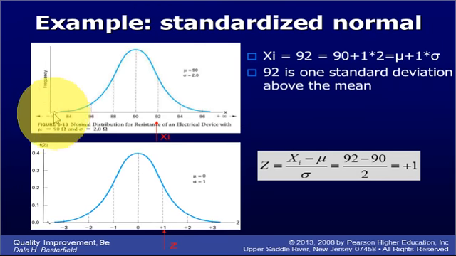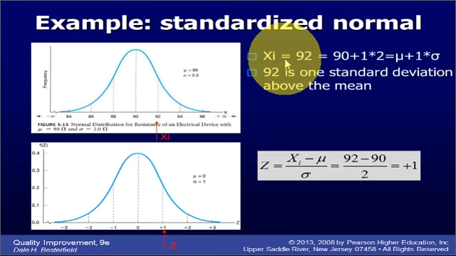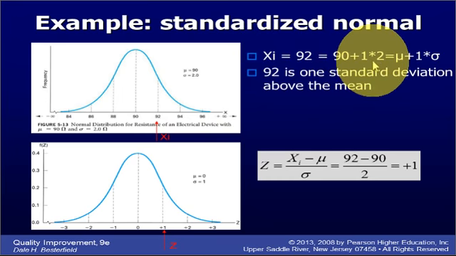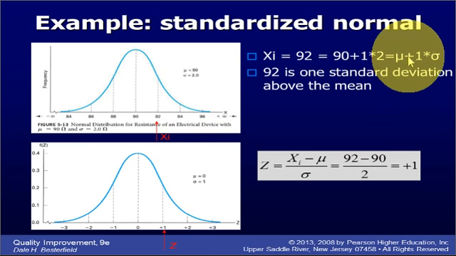For example, in the resistance of electrical device example, the mean is 90 and the standard deviation is 2.0. If you examine this point, 92, as x_i, then x_i equals 92, which is 90 plus 1 unit of 2, which equals mu plus 1 unit of sigma.